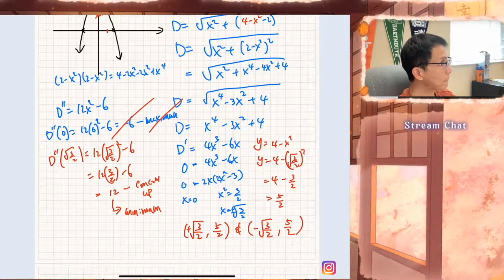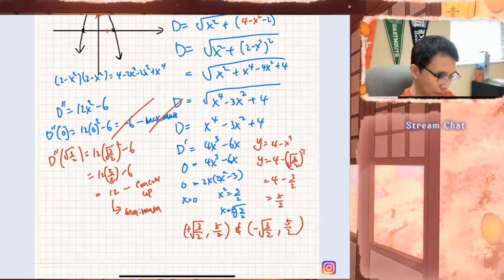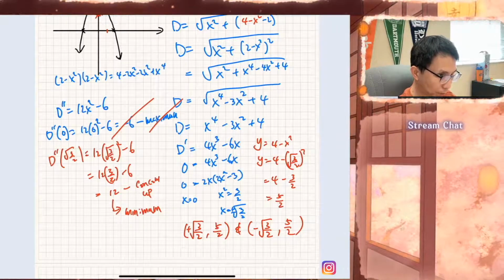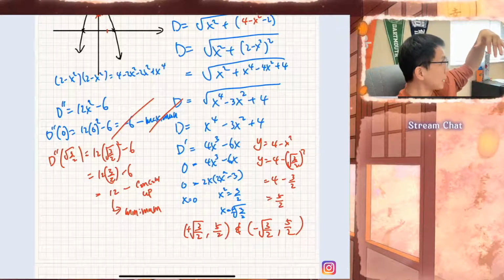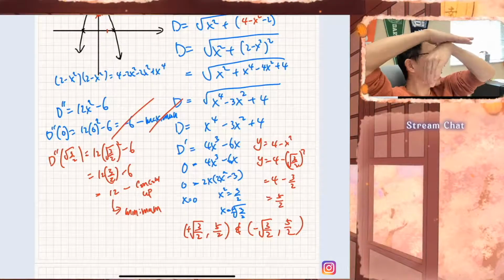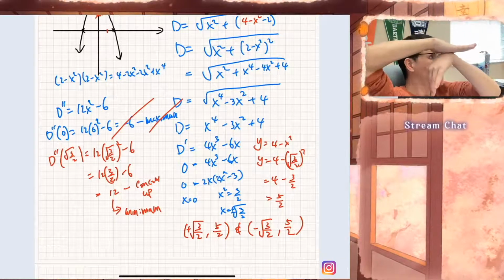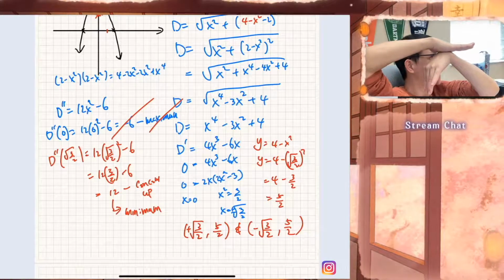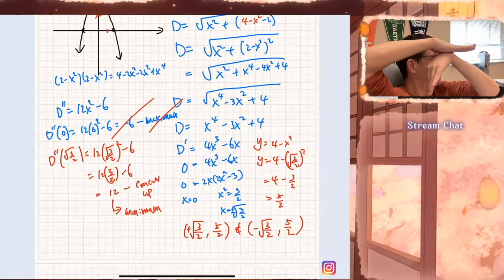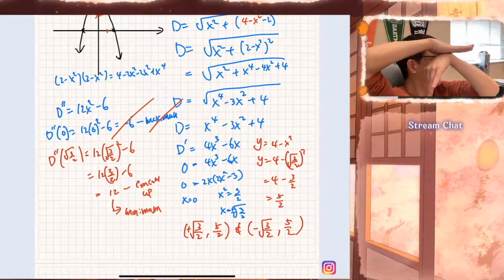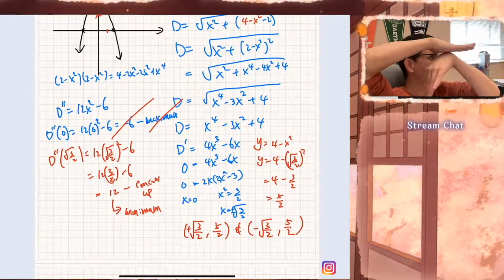Can you explain the concave stuff? Like, is it because it's negative? Yeah. If it's negative, it's concave down, right? And concave down at that critical value is a relative max. When we did the Karate Kid, do you remember that? Yeah. So it's a relative max.